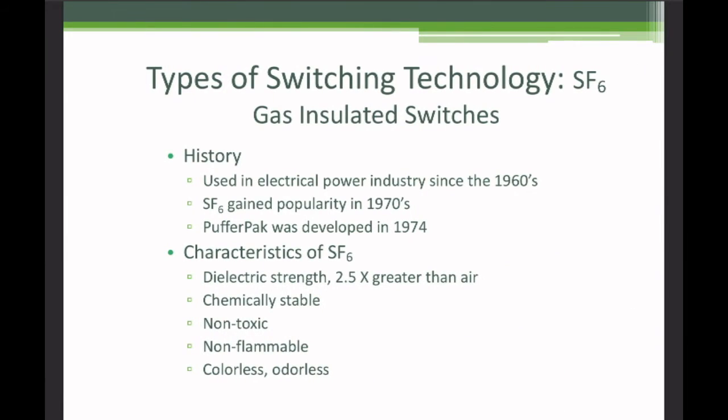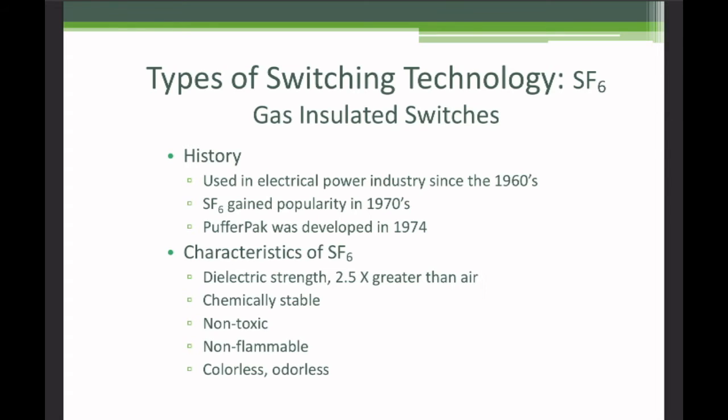For our third technology that I wanted to talk to you guys about today is SF6, or sulfur hexafluoride. It was introduced in the 50s, but it really didn't get going until the 1960s, and it was the 70s before it really hit its stride.